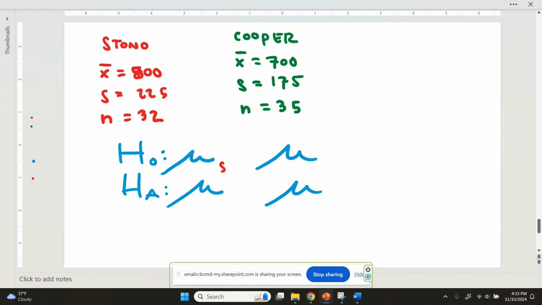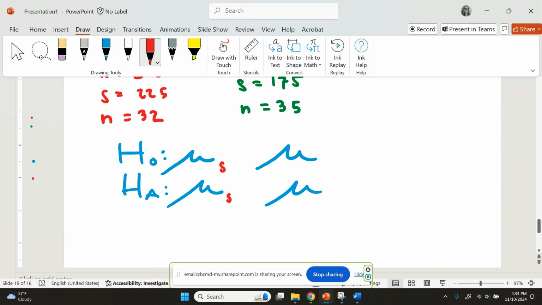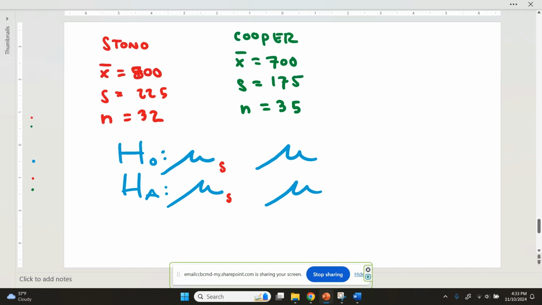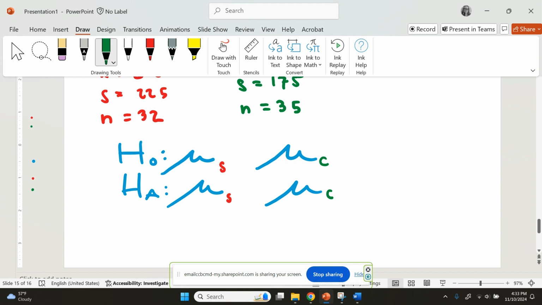So I'll use S for Stono rather than 1 and 2, though that works well. And then I'll use a subscript of C for the Cooper. Just in the same order that I had written them, I wrote the Stono down first, then the Cooper. We're going to figure out how to relate these two.